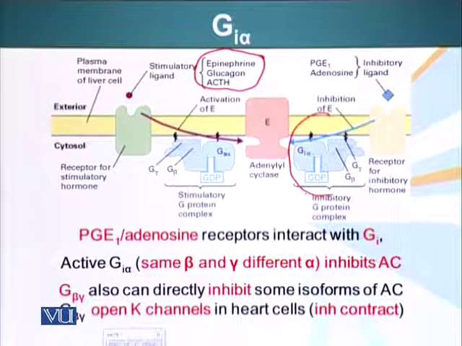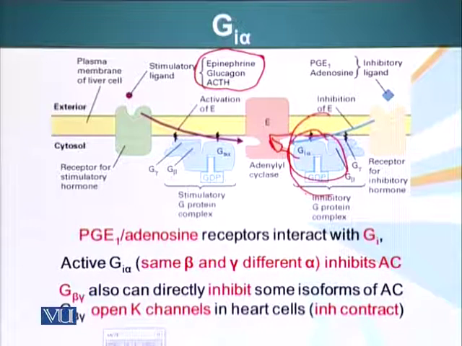This G protein, once it becomes activated, the alpha subunit dissociates from beta and gamma, interacts with an adenylyl cyclase and inhibits it. So adenylyl cyclase, if it was making cyclic AMP molecules, now will stop making cyclic AMP molecules. Active GI proteins have the same beta and gamma subunits but different alpha subunits.